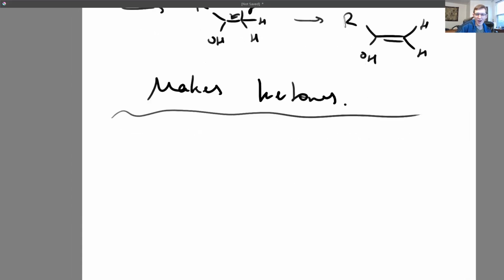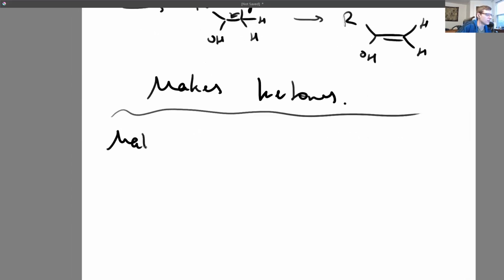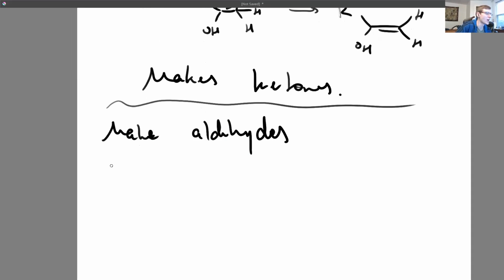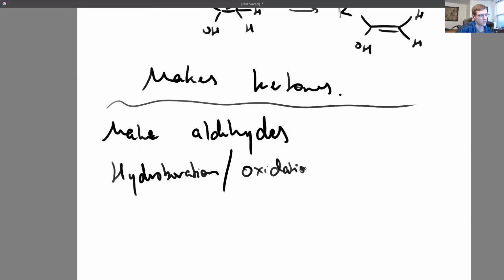And if we want to make aldehydes, you already know what we're doing. We're going to do hydroboration. And in this one, we still have to do the oxidation. That step is still necessary.